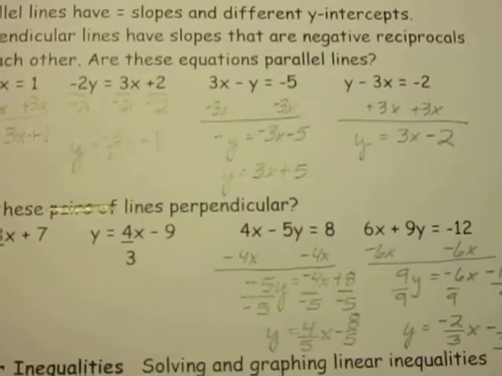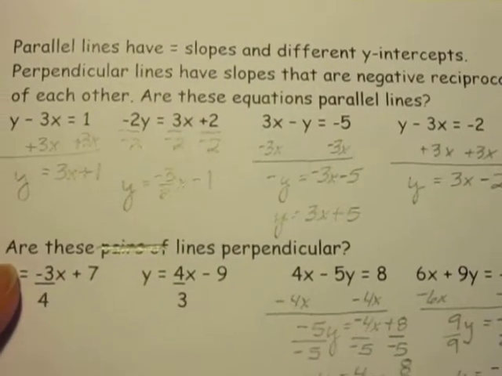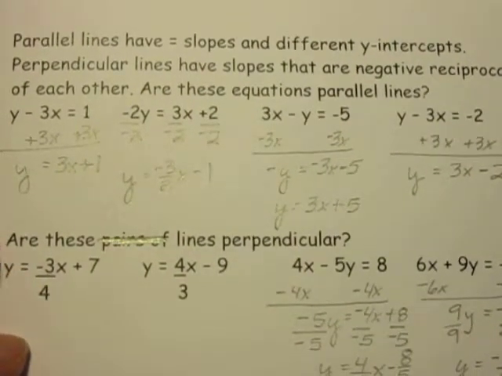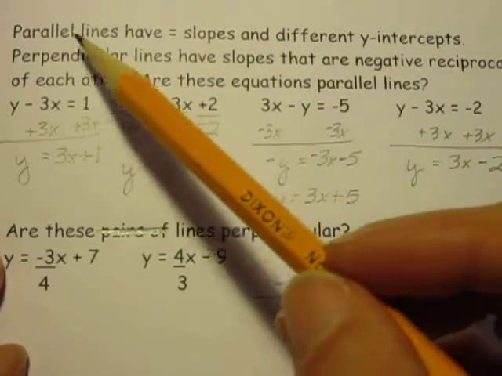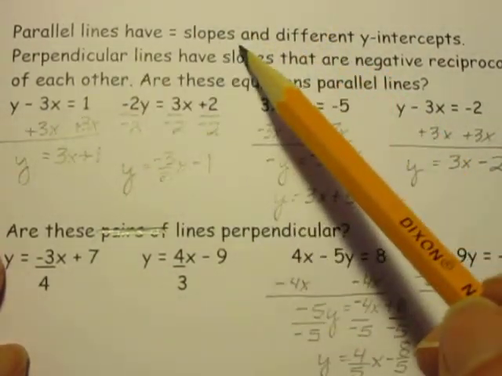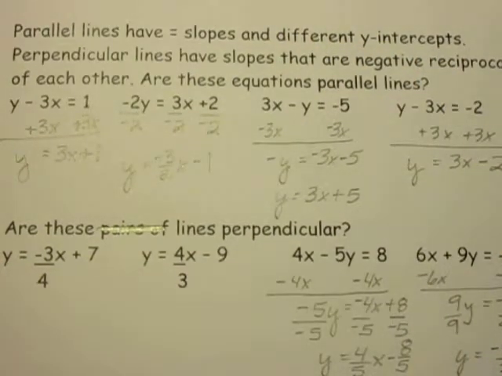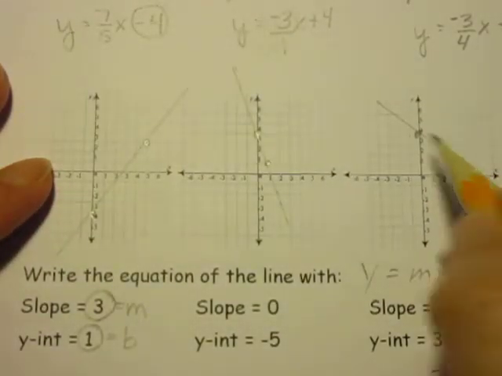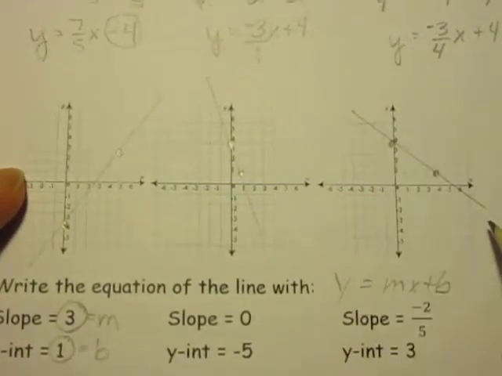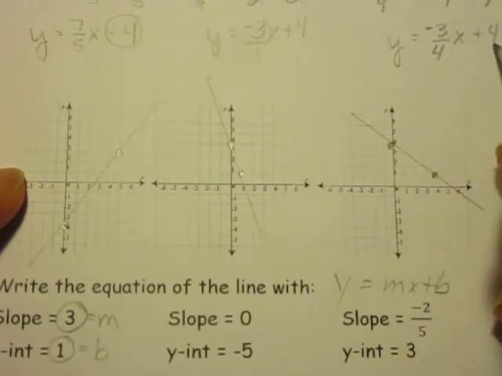I have a couple things that I wanted to wrap up in regard to all of that, and what I did is I went ahead and did the work on it, and then I'm going to discuss it. I'm going to talk about parallel lines having equal slope with different y-intercepts. In other words, we've talked about that before, that if I wanted to find a parallel line to this equation right here, it would have the same slope of -3/4. It would just cross the y-axis at a different point.